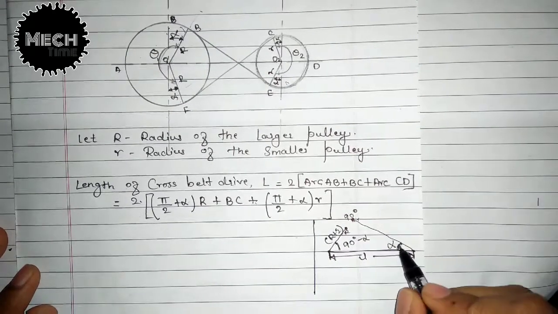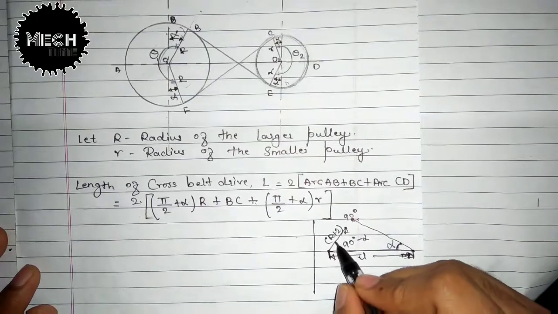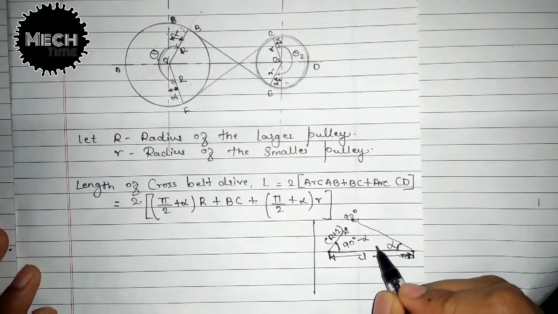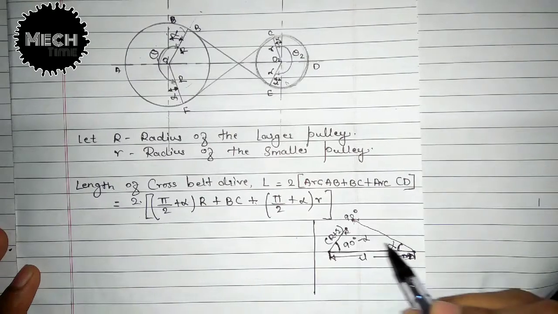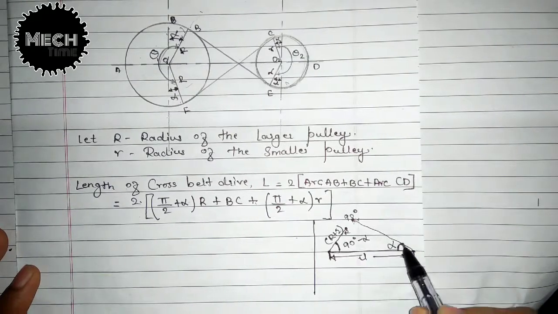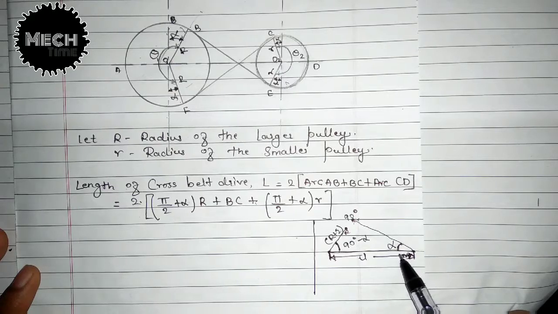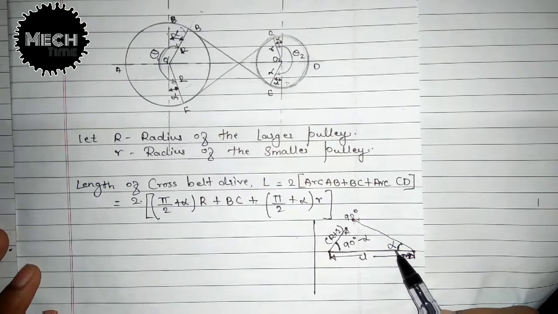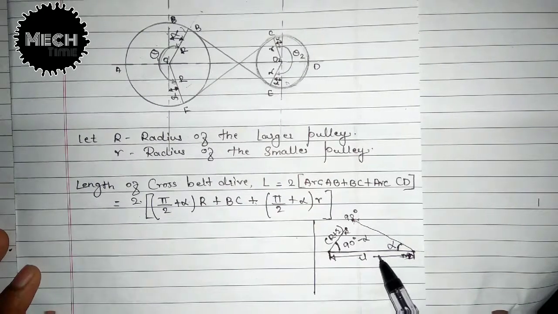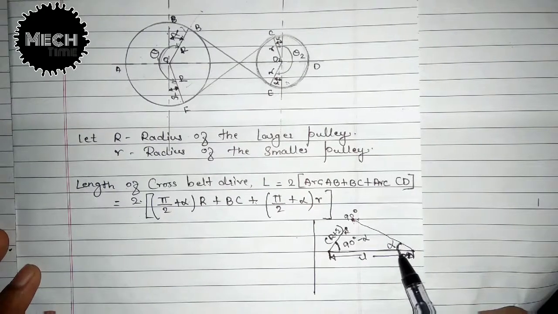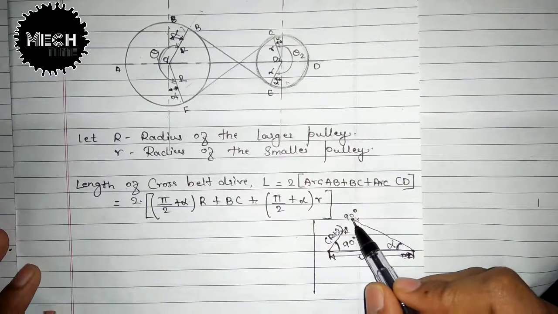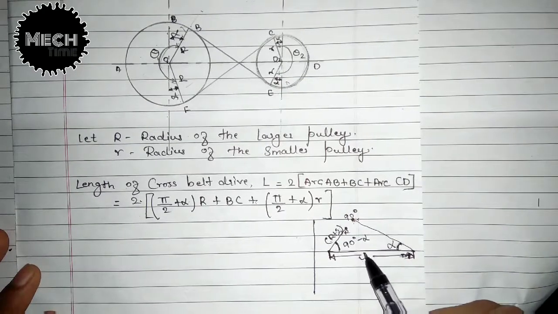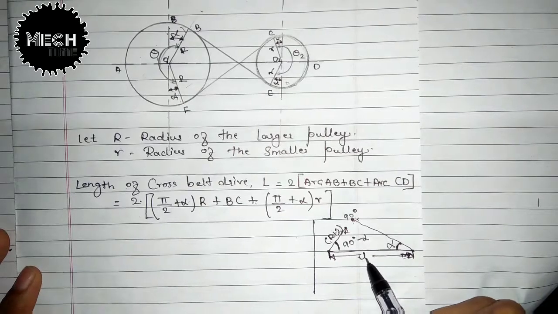So this is a right angle triangle, and this angle is alpha. As we know, in front of the angle is the height, and in front of 90 degree is the hypotenuse. The height is capital R plus small r, and the hypotenuse is L.